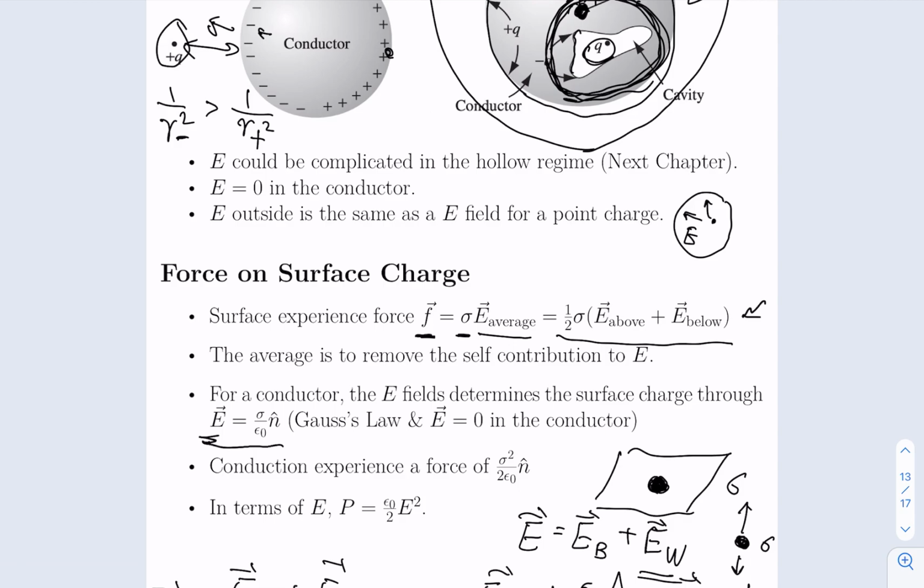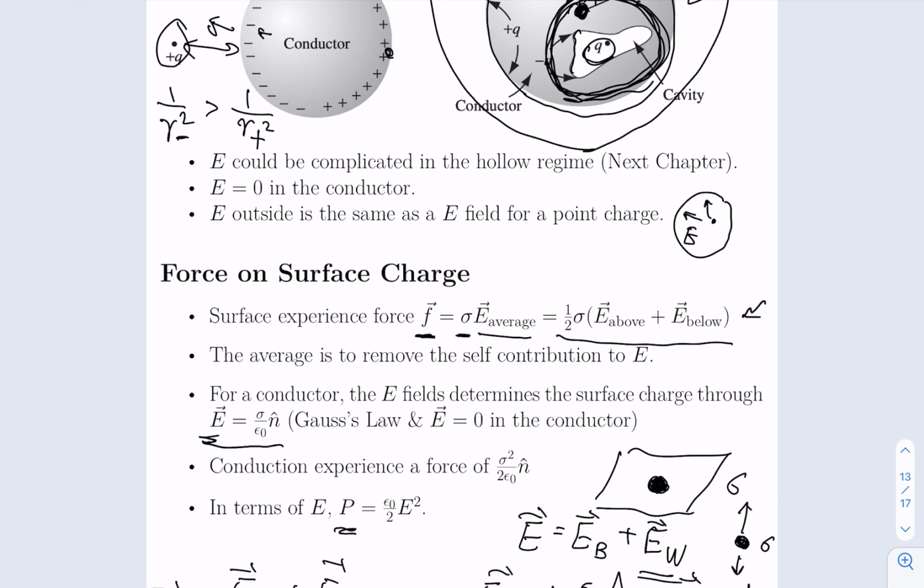If you express sigma back in terms of the E field, that is epsilon naught E squared over 2. And here this force is a little f, which means this is the force per area, which means that this is really the pressure.